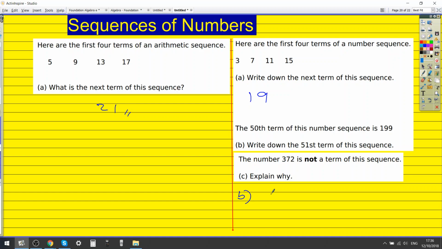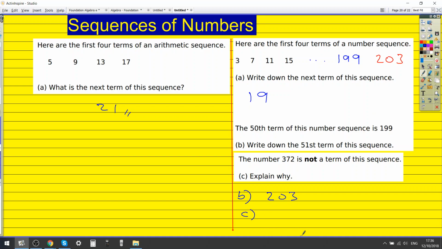Okay. So the 50th term is 199. So what would be the 51st term? Oh, 203. Yeah, that's it. And part C. Let's see.